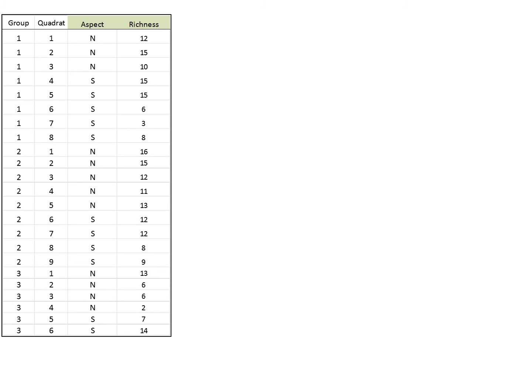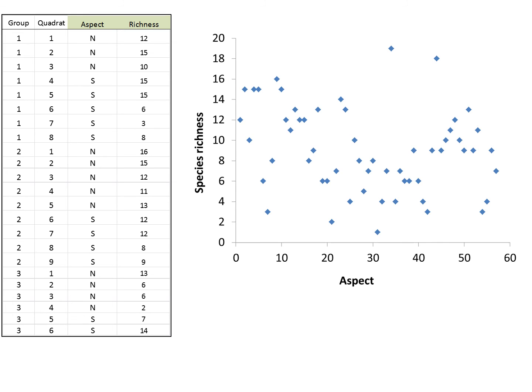Well, if you were to take your data in Excel and tell Excel to just plot it, this is what you'll get, and you can well see that there's something strange here. How can you have an aspect that ranges from 10 to 60? That doesn't make any sense when our raw data is north versus south. And indeed, this is where Excel does something rather stupid, and it just plots 12, 15, 10, 15.